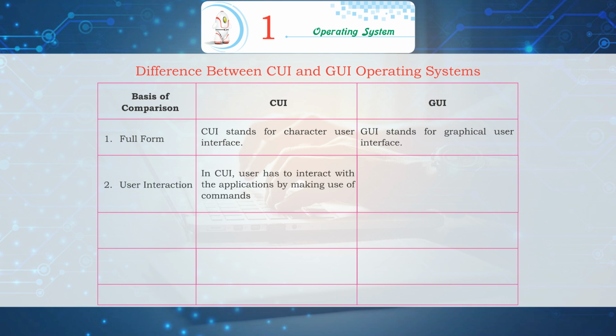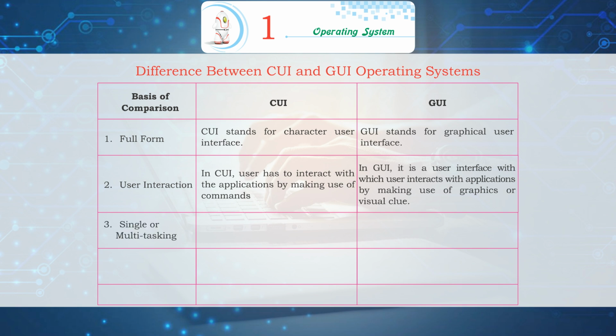User interaction: in CUI, the user has to interact with the applications by making use of commands. In GUI, the user interacts with applications by making use of graphics or visual clues. Single or multitasking: in CUI, only one task can run at a time. In GUI, more than one task can run simultaneously.